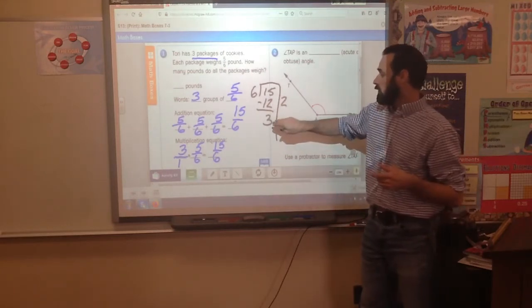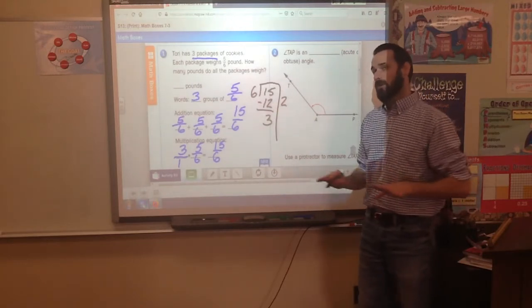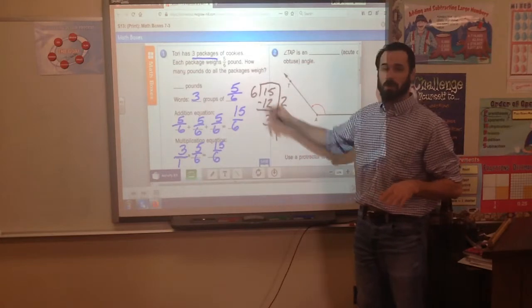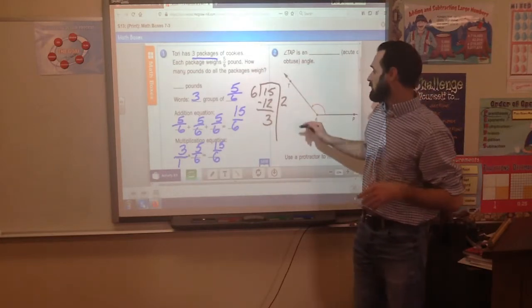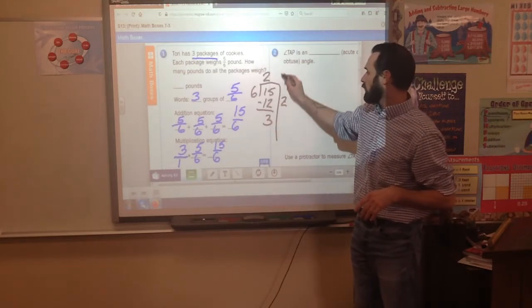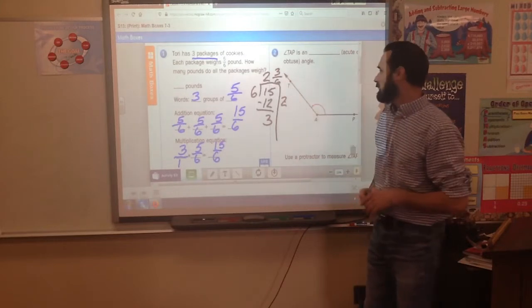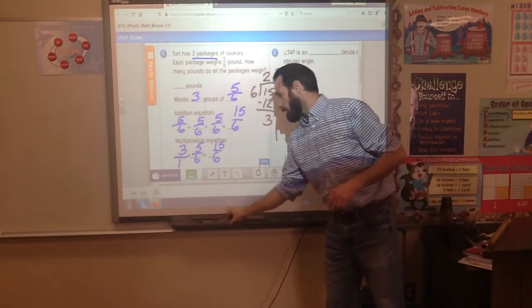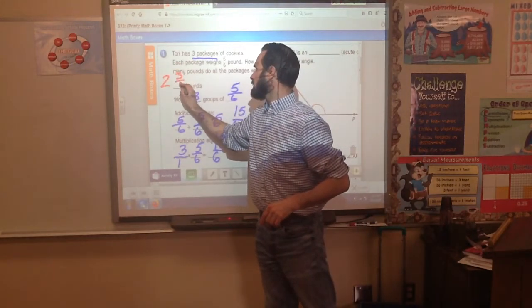When your remainder is smaller than your divisor, you're done. You don't have to do any more dividing, and 3 is smaller than 6. So your answer as a mixed number would be whole number 2, numerator 3, denominator 6. So your answer over here, 2 and 3/6.